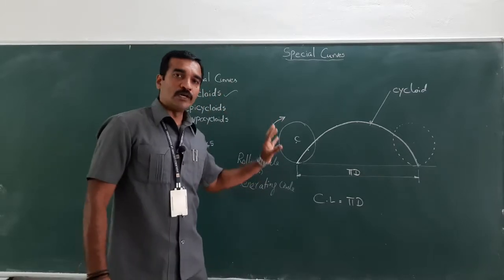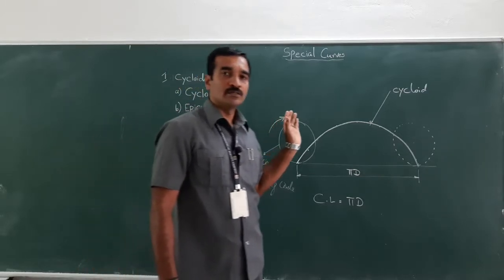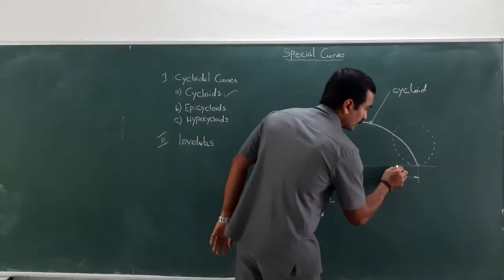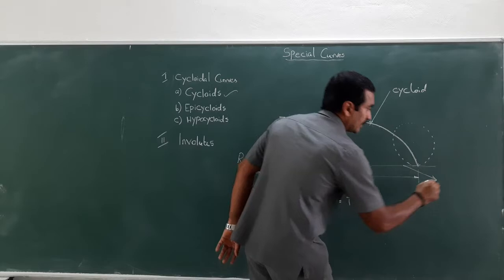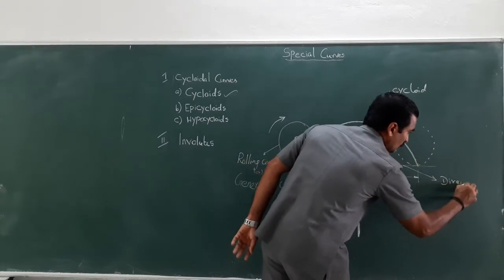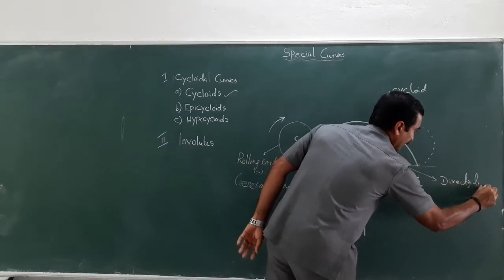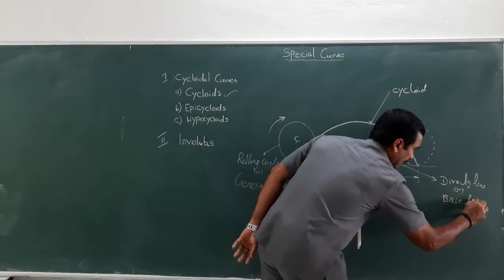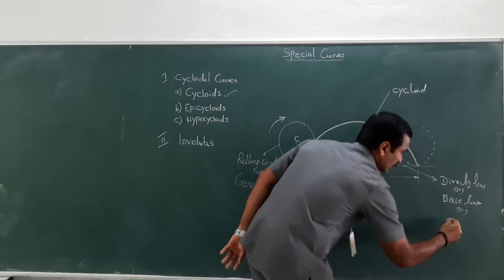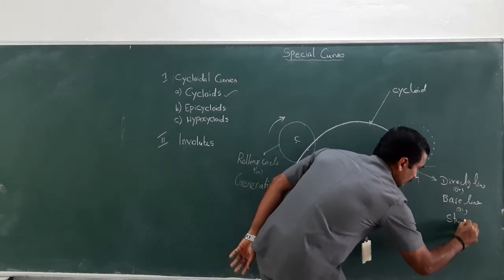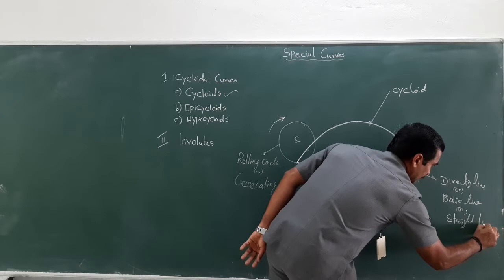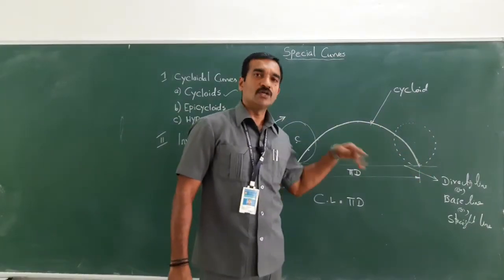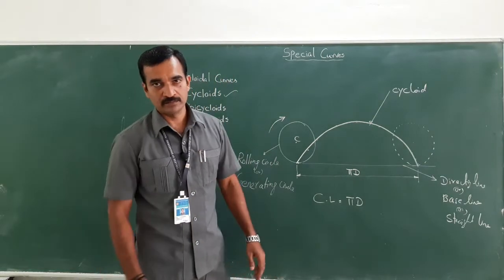Remember, this rolling circle always rotates in the clockwise direction, and this is nothing but the directing line or baseline or straight line, on which the rolling circle rolls without slipping. Right.